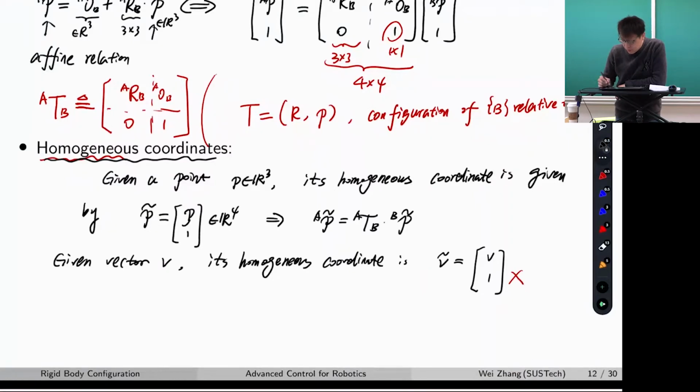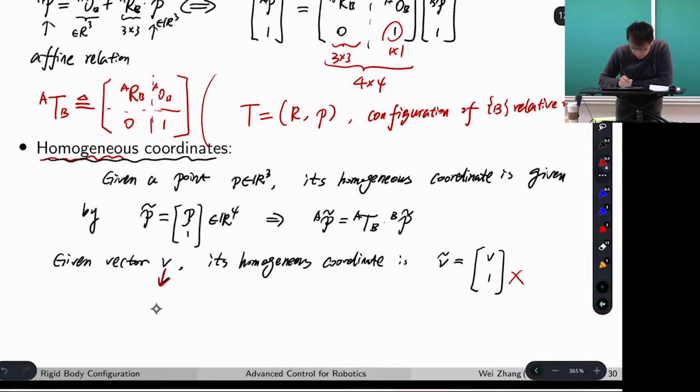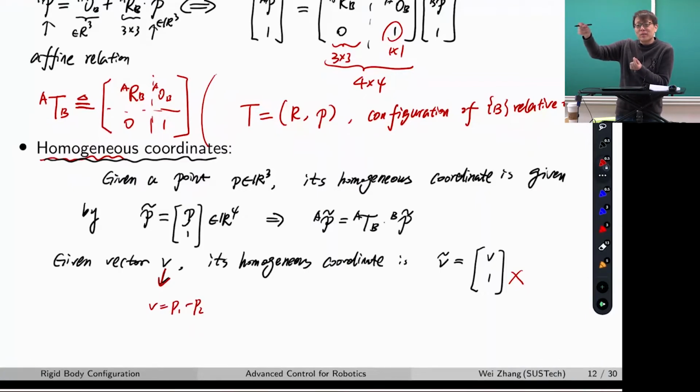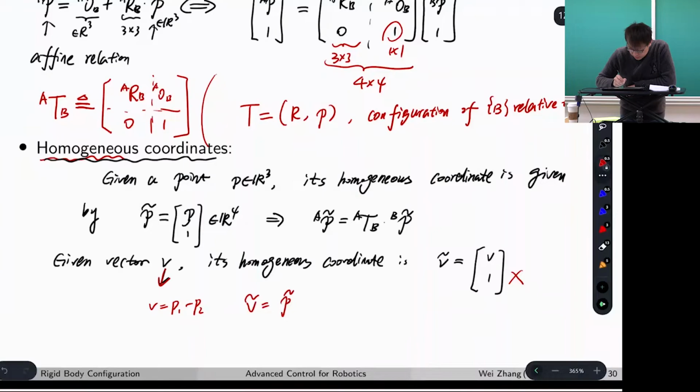V is a free vector. You can think about V as a vector from one point to another point, and you can move it. So V tilde is P1 tilde minus P2 tilde, so the last entry is 0.